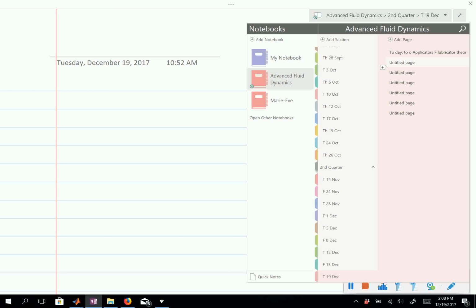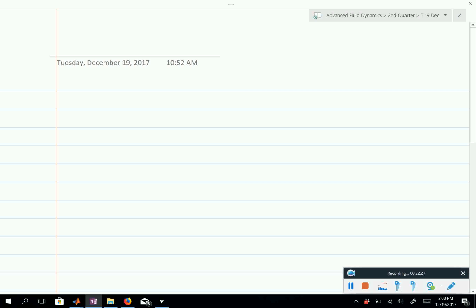And then the last equation that we have is the X momentum equation. Minus partial P over partial X plus mu times the second partial of U with respect to Y plus the body forces in X equals to 0.